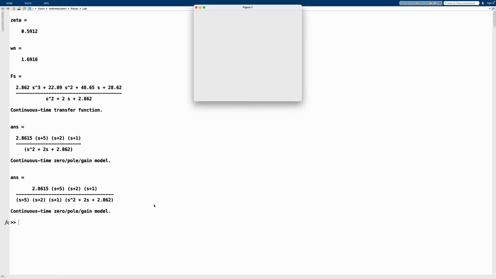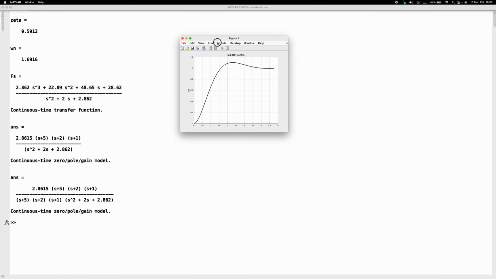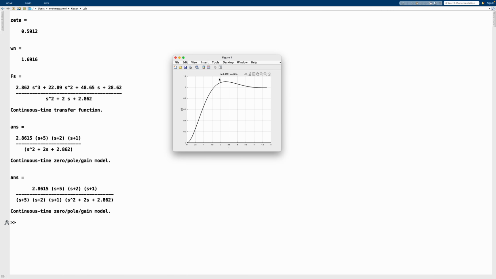So let's run this, and you can see that our figure has basically the response that we're looking for.